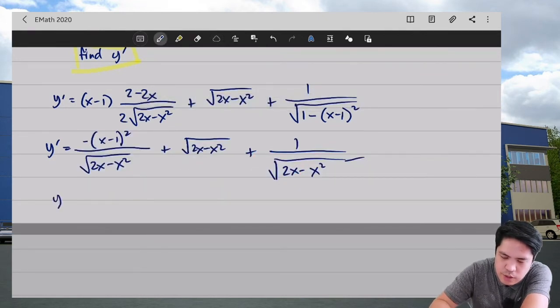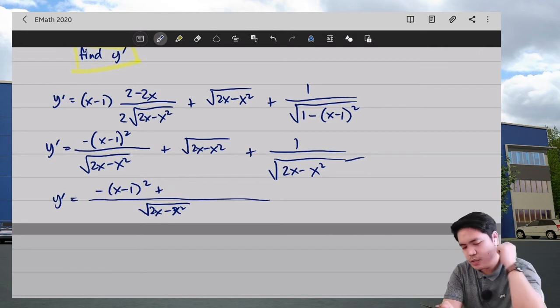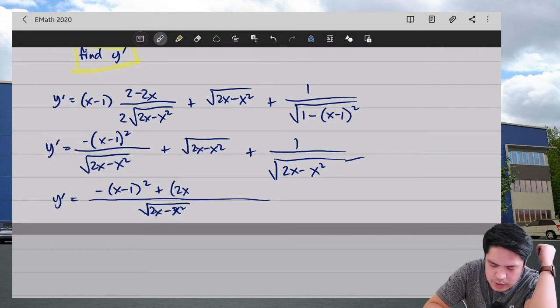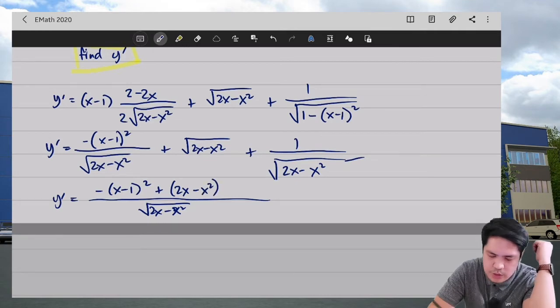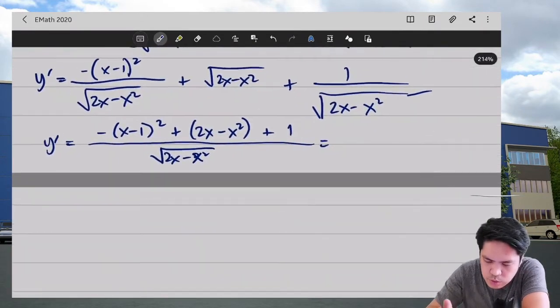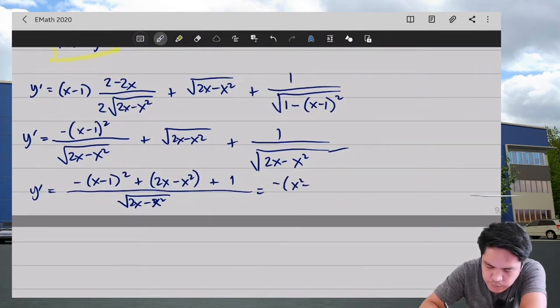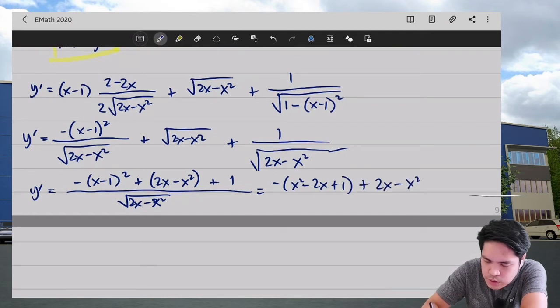The LCD is the square root of 2x minus x squared. So divided by this, times the numerator, that's x minus 1 squared. And then plus, this will become 2x minus x squared, plus 1. So this would be equal to, expanding, minus x squared minus 2x plus 1, plus 2x minus x squared plus 1.